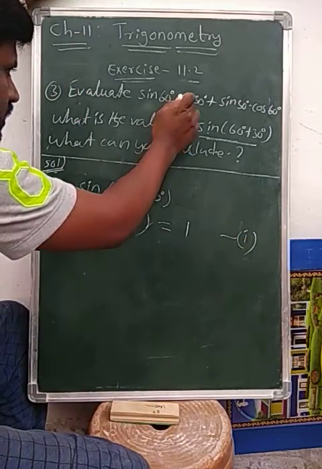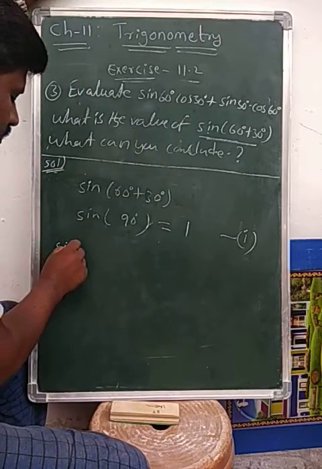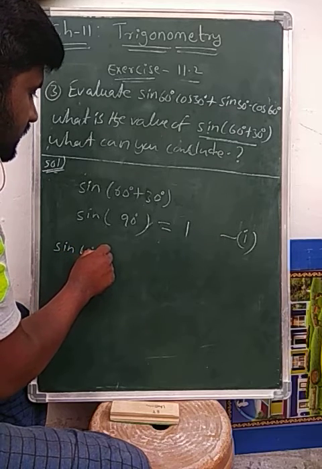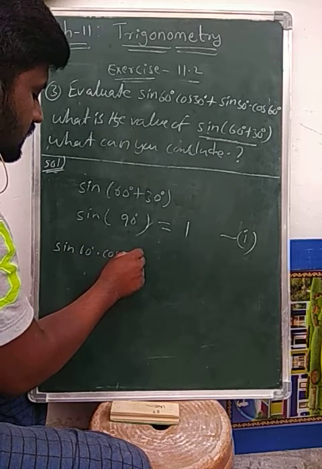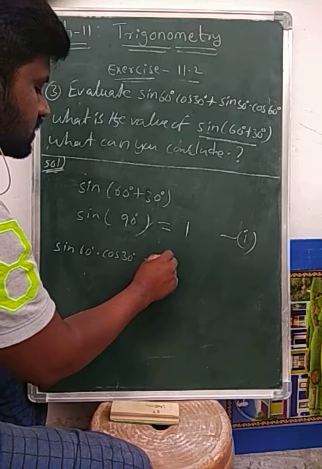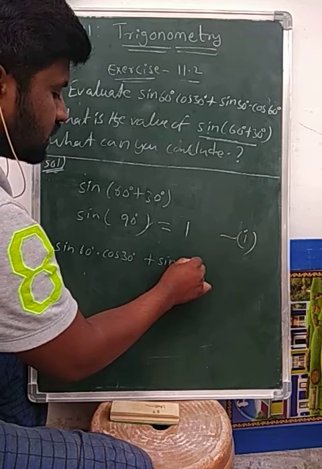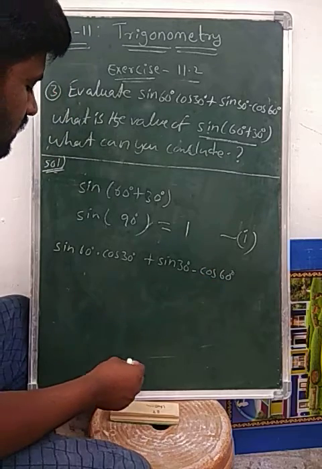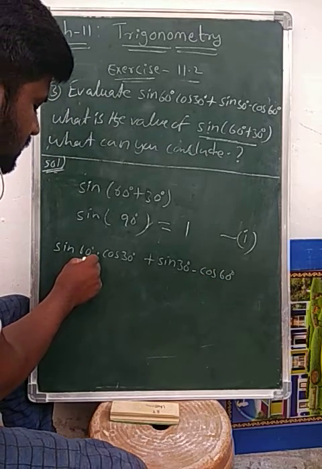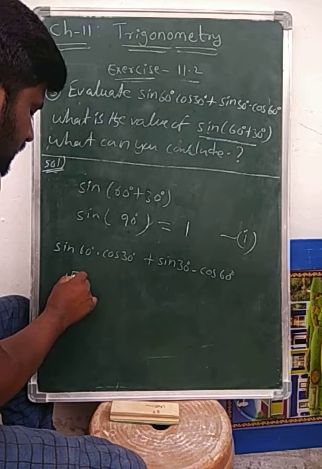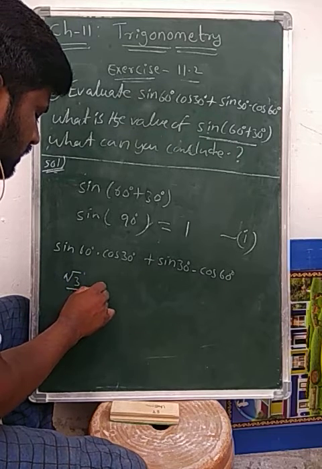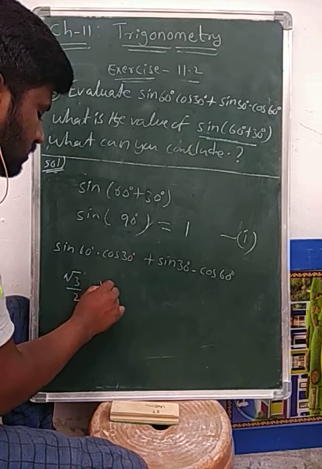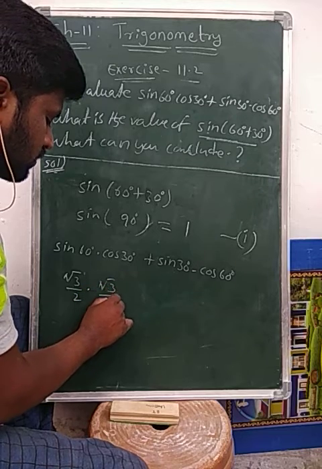Now the second part you take, that is sine 60 degrees into cos 30 degrees plus sine 30 degrees into cos 60 degrees. Now sine 60 means what is the value? Sine 60 means that is root 3 by 2 into cos 30 also, that is root 3 by 2.